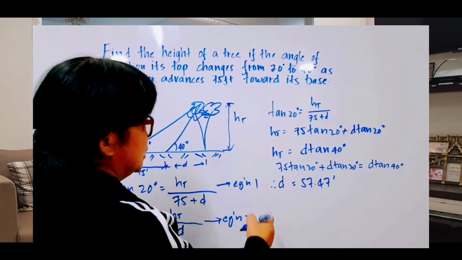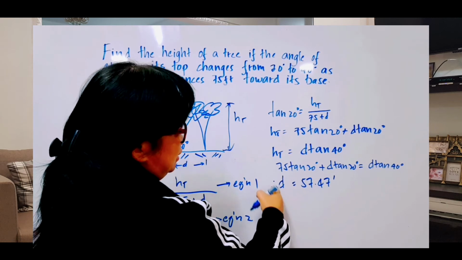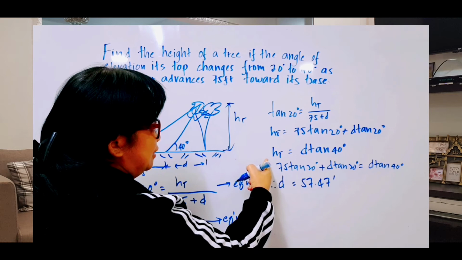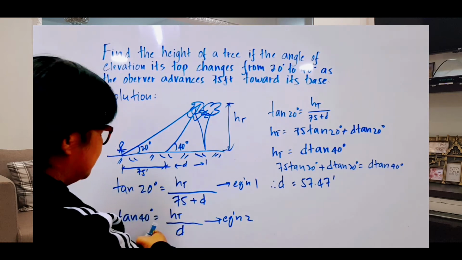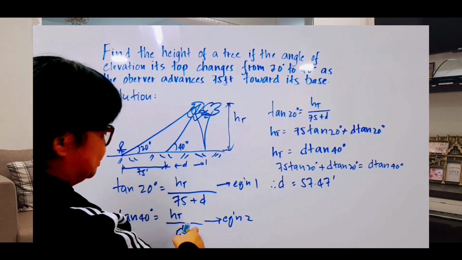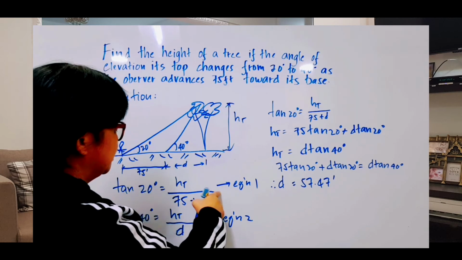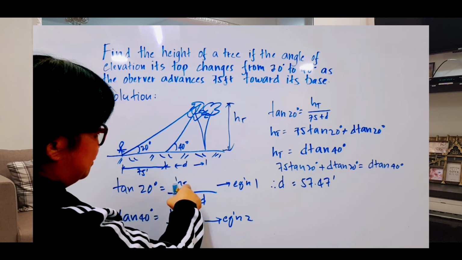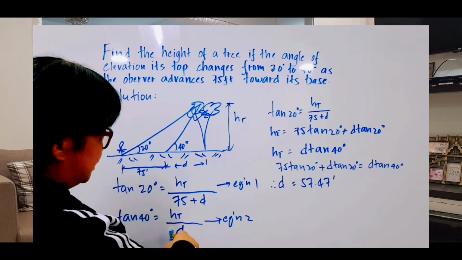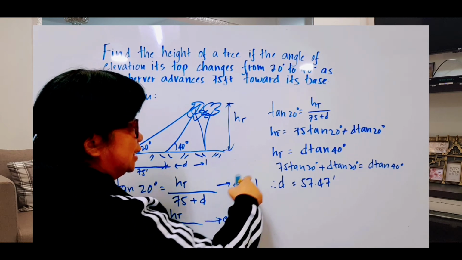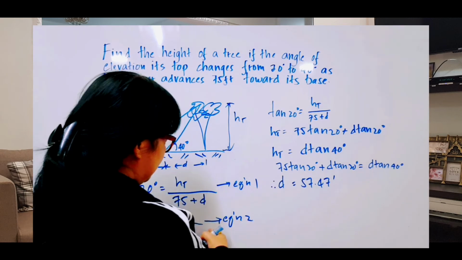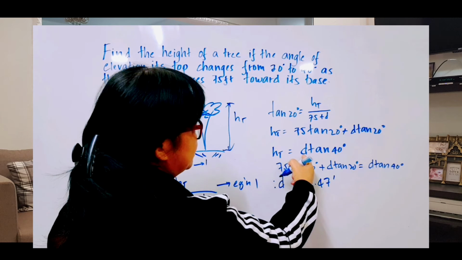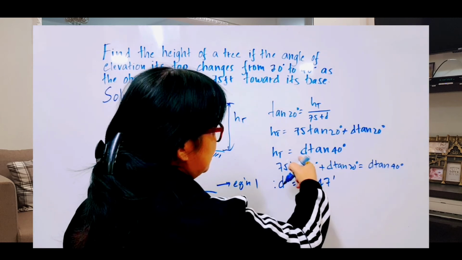Now, since we already have the distance, we can solve for the height of the tree by using equation 2 or equation 1, either one, because we have HT in both. After simplifying, the height of the tree is equal to D tangent of 40.